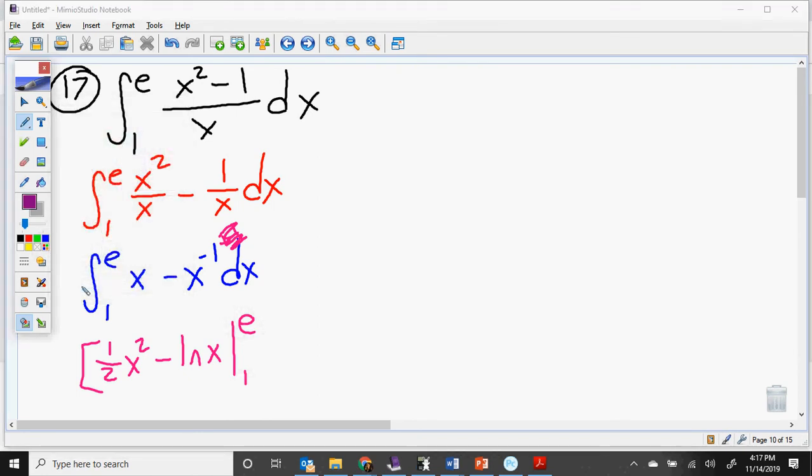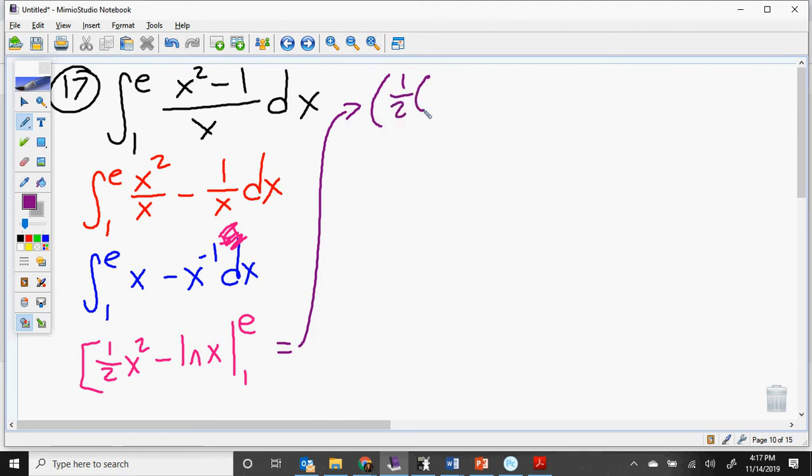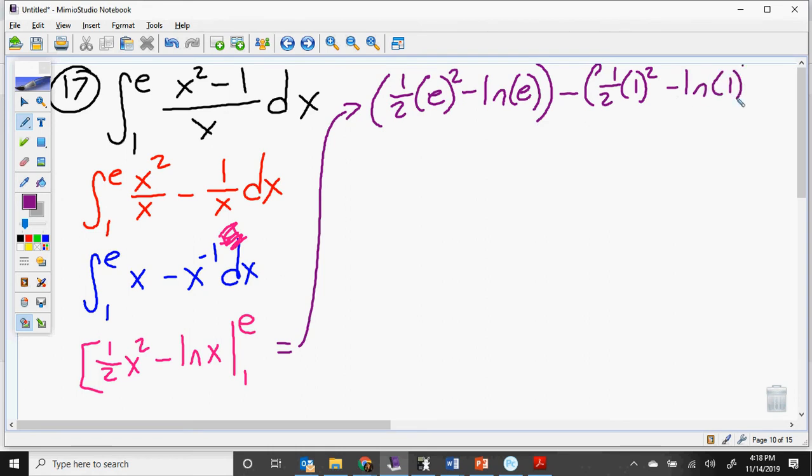Alright, so if I plug in, I'll get 1/2 e squared minus the natural log of e minus 1/2 1 squared minus the natural log of 1.